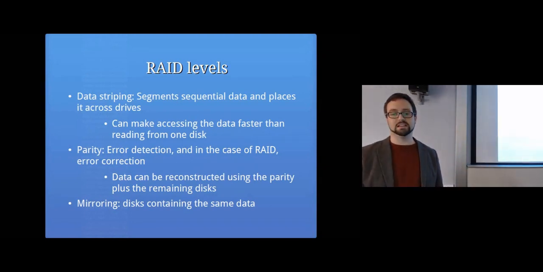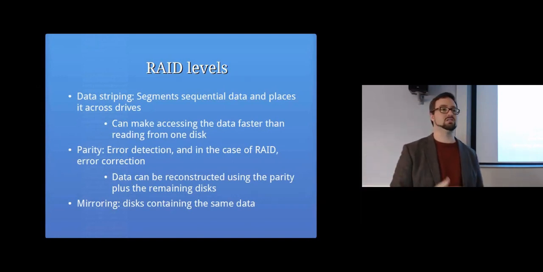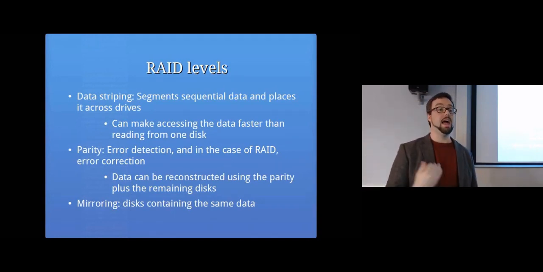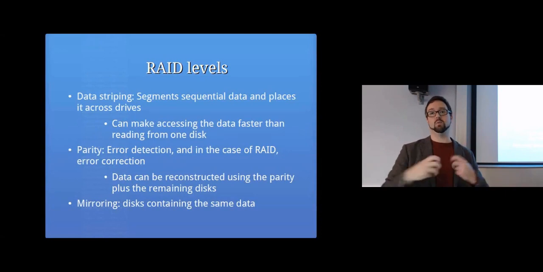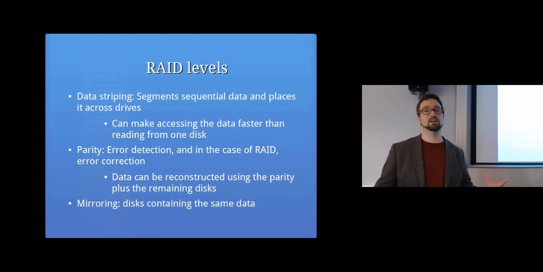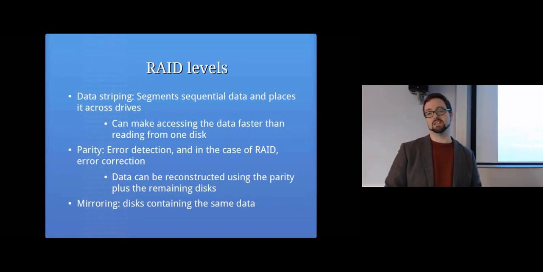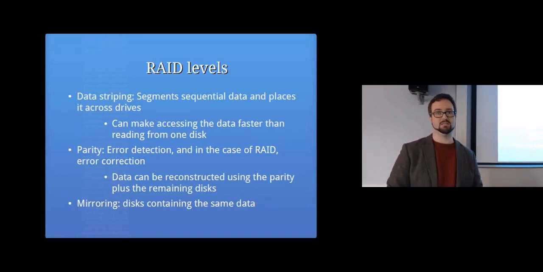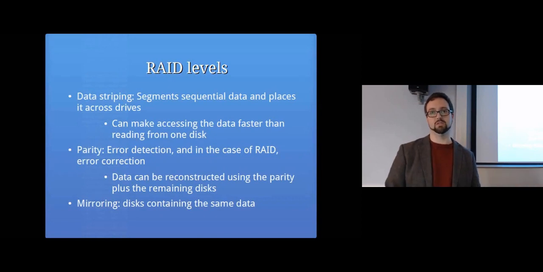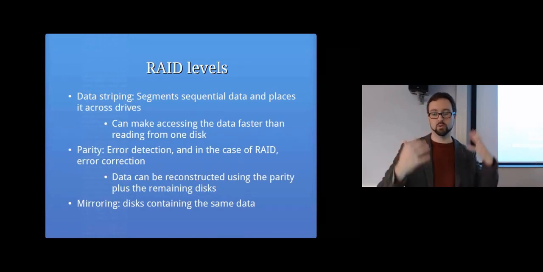What that does is it can make things incredibly fast, because hard drives take a certain amount of time to get data out of. If you can read from all of the hard drives at once, it can go super fast. So it's faster than reading the same amount of data from a single disk, because you can get more of it from all the disks all at once.